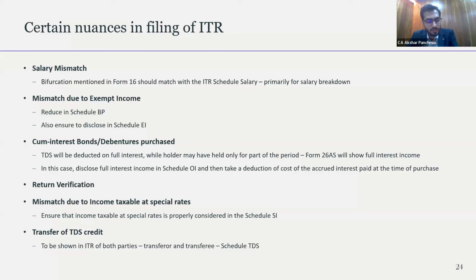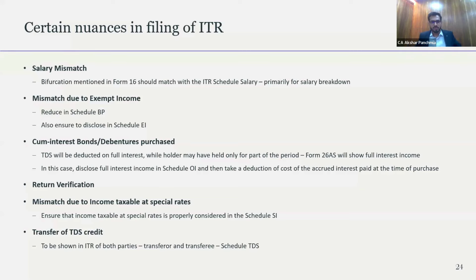However, after doing that, you must ensure that you have disclosed your exempt income in Schedule EI as well. Because if these two things are not correlated and not matched by the income tax return, it will create another mismatch. Therefore, while it is a very simple thing, one must ensure that the Schedule EI is not overlooked, and wherever necessary, any exempt income which is earned by the assessee should be mentioned in Schedule EI.